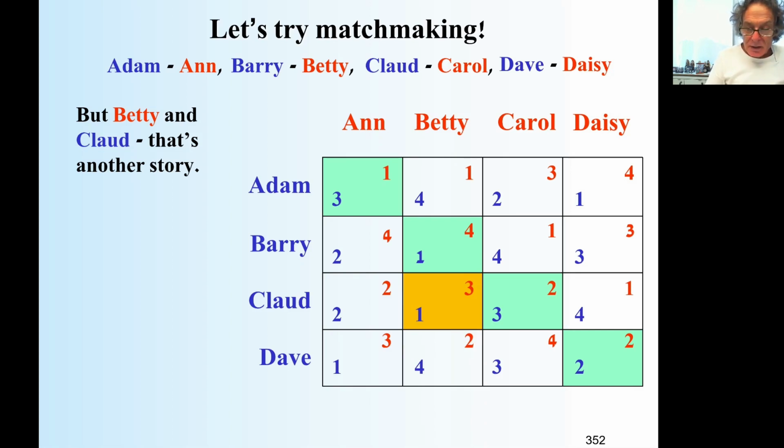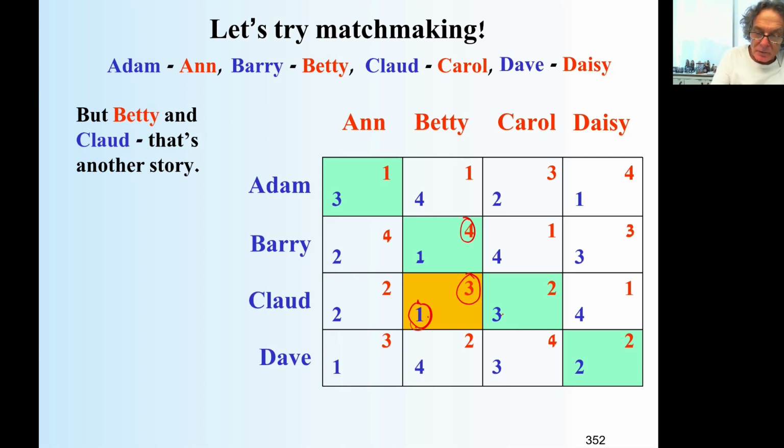Why? Look, if they get together, Claude will get his number 1 and Betty will get her number 3 instead of her number 4 that she got before. She for sure improves. She's going to get number 3, and he now gets number 1. So if this is the matching, then Claude and Betty will get together and both of them will be happier than what the matching suggests.